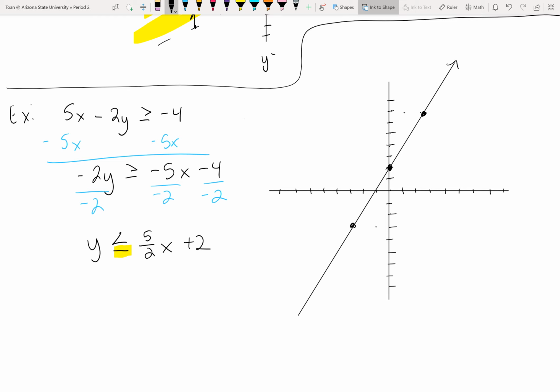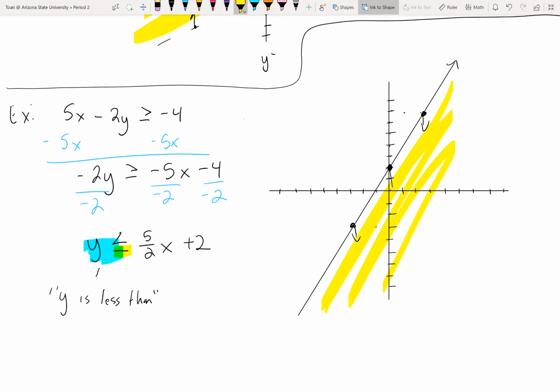If this was an equation, that would be my answer, but since it's an inequality, I have to do some shading. If I read the inequality, it literally says y is less than. Which direction do y's get smaller? On the bottom, that means for every single point, my solution set should go down, which means this is the correct shading.